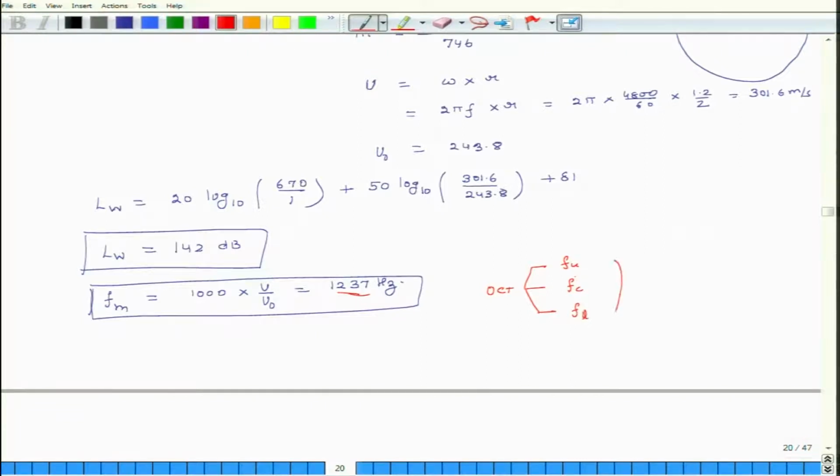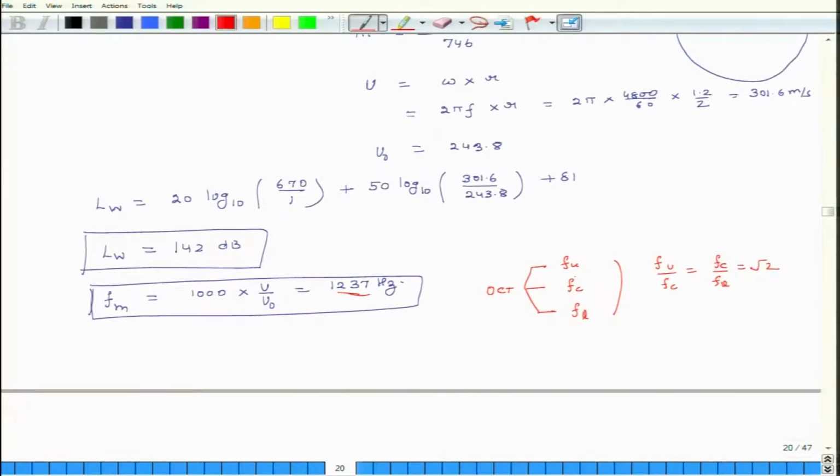And the relation between these 3 is Fu over Fc is equal to Fc over Fl is equal to square root of 2.